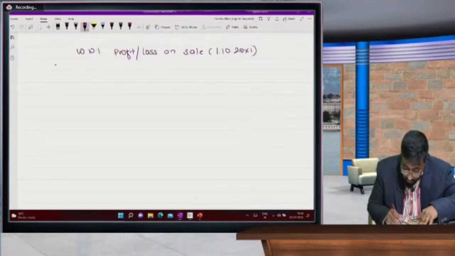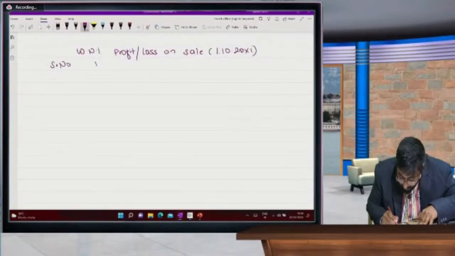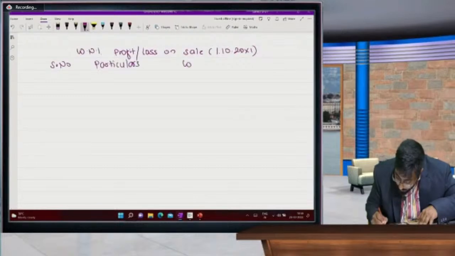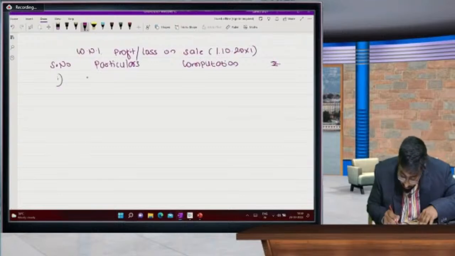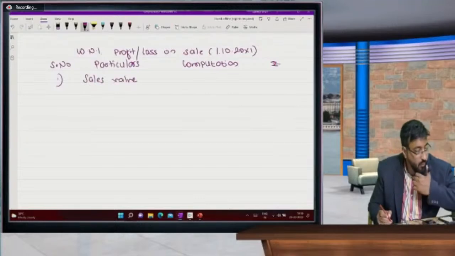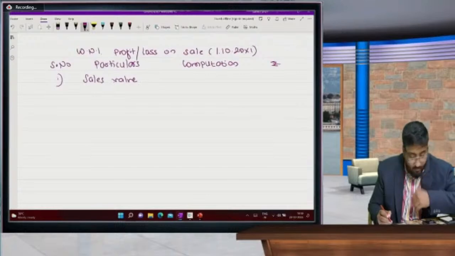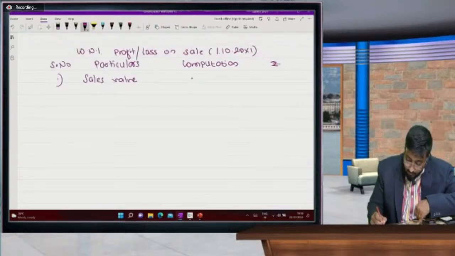What is the format, beta? Serial number, particulars, computation, rupees. Roman 1, sales value. What are you going to write for sales value? As above.